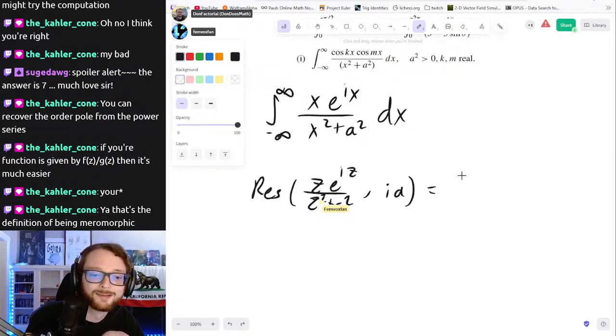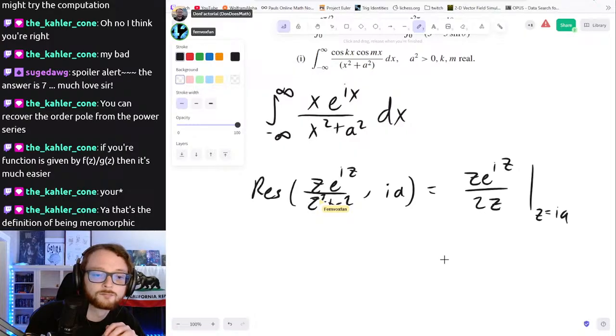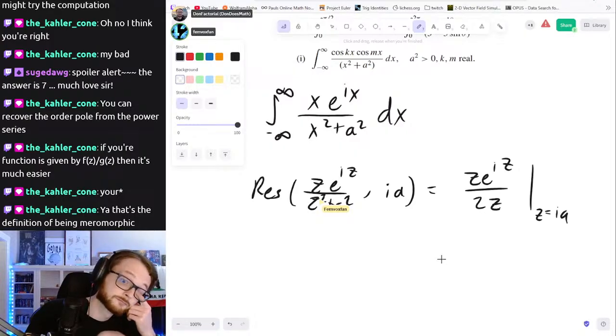We could do it the other way too. We could break the denominator up into factors, cancel out the z minus ia, and then plug it in, and it still works. It basically gives you the same answer.